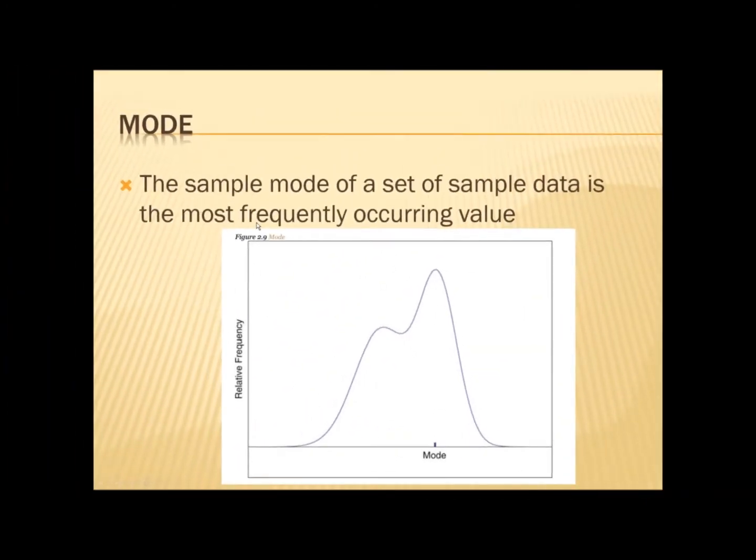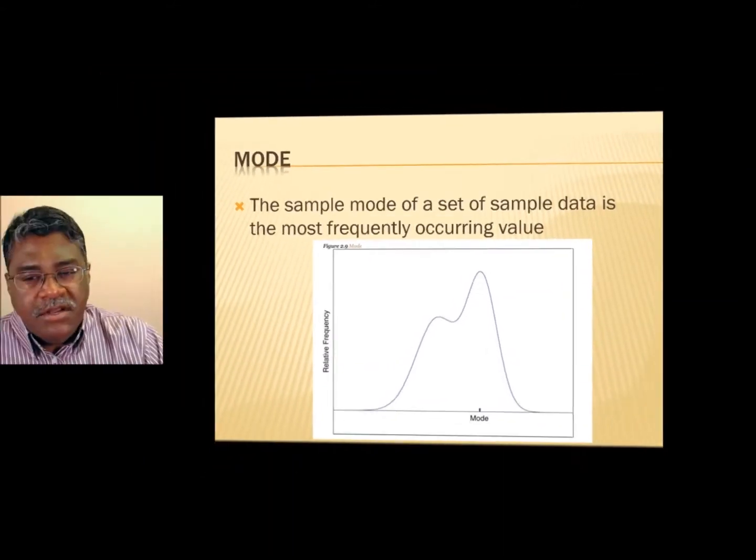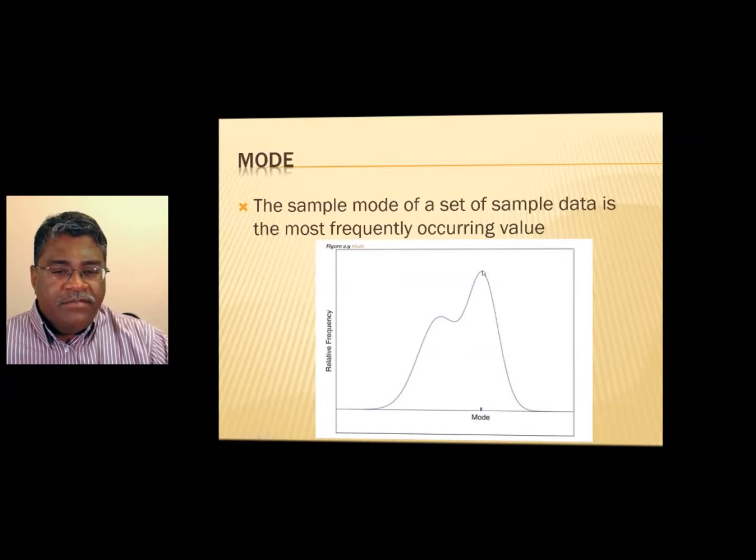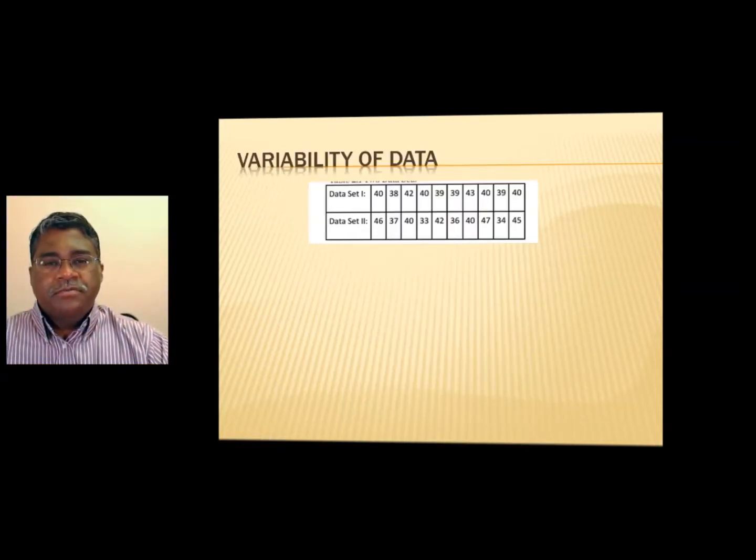The mode is the third of the M's: mean, median, and mode. And mode is basically the thing with the highest frequency. Okay, again, the mode doesn't concern itself with the mean or the median. It is the highest frequency. And if you look at this particular distribution, it is here where you have the highest frequency. Remember, these curves are just histograms which go from discrete to continuous because we are dealing with really large samples.